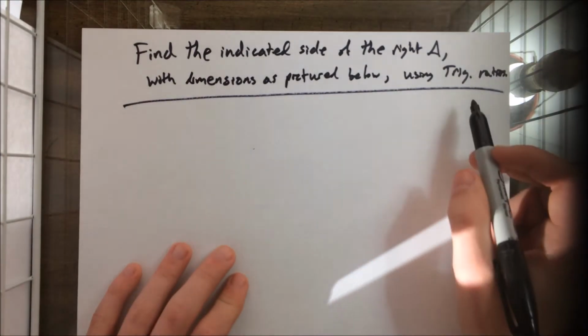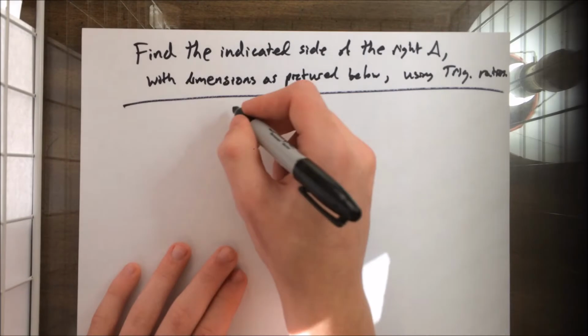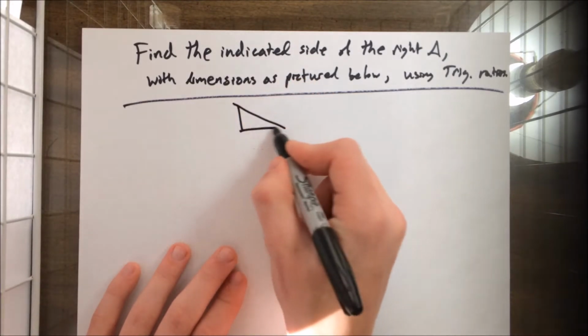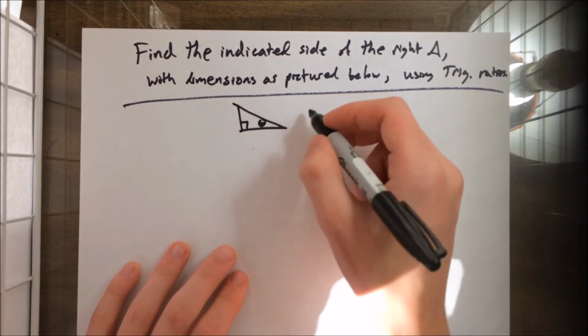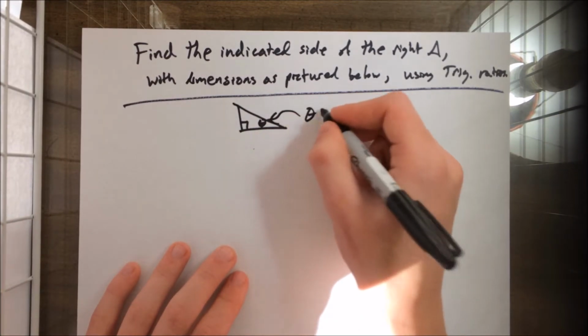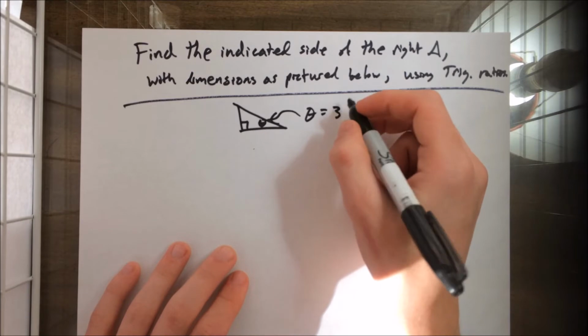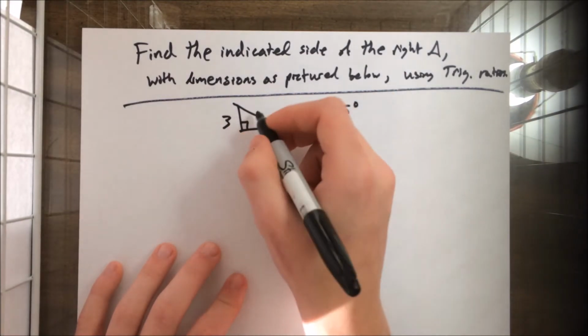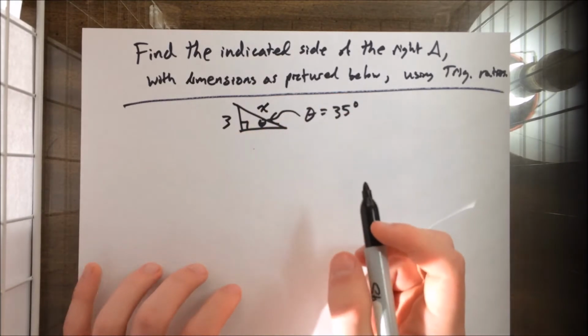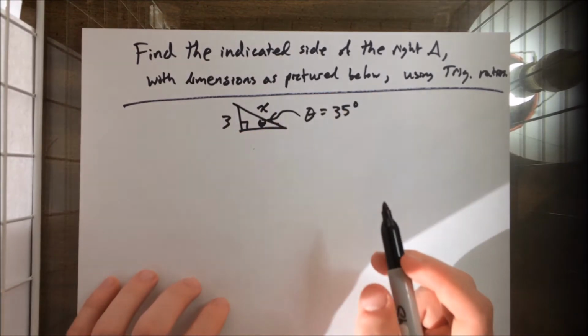Okay, so let's go ahead and draw the triangle. So this is going to be theta, and we're going to set that equal to 35 degrees. And this side is going to be 3, and that's going to be x. And we're trying to find x.